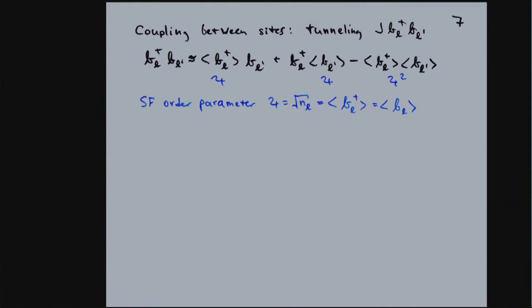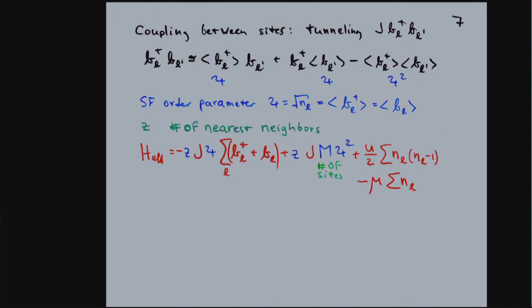So now I call this average value of the operator B_L the superfluid order parameter psi. I could have chosen psi to be complex, and then B_L dagger would have the complex conjugate, but it is sufficient here to restrict the discussion to real numbers, and it makes the notation simpler. So I introduce that, and what happens now is the following. I have my Hamiltonian.